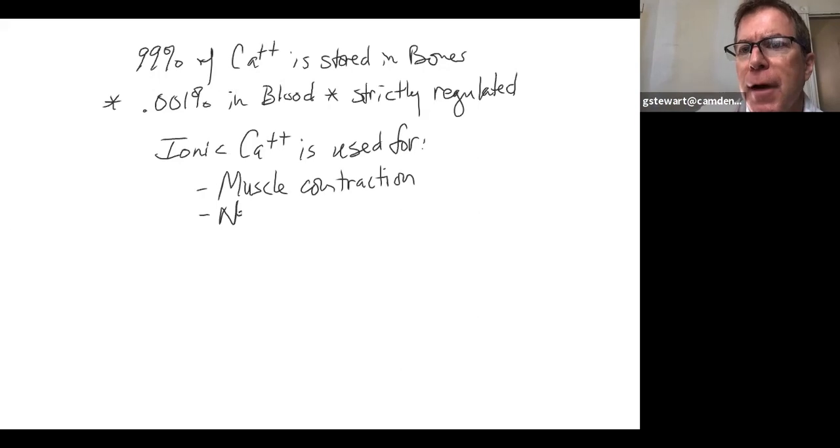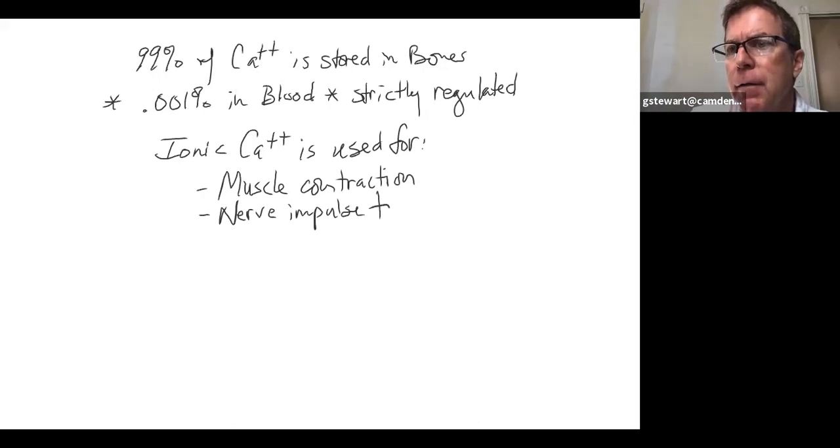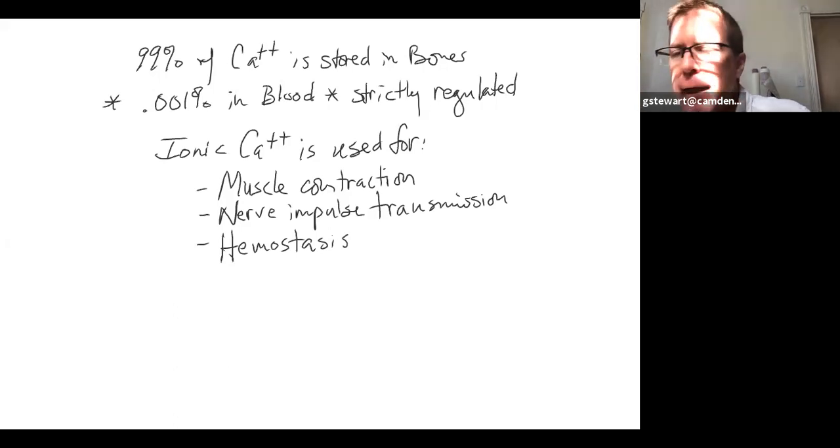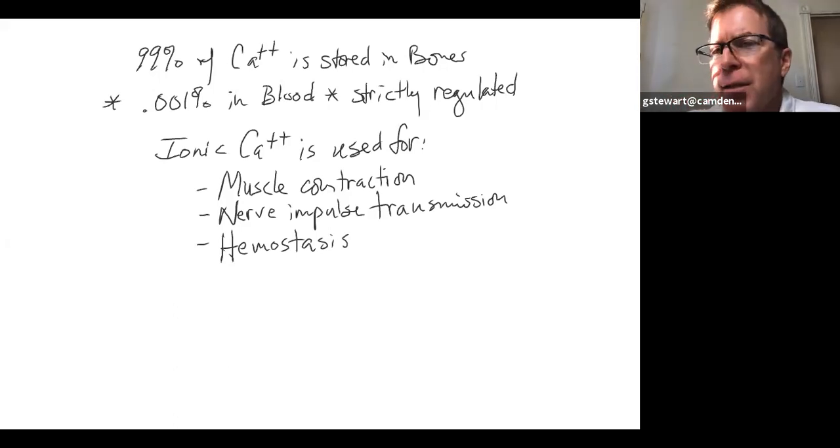Nerve impulse transmission. So every time a nerve cell fires an impulse, guess what? It has to have calcium in order to do that. Next, I'm writing hemostasis, which is the enzymatic process of blood clotting. Every time your blood clots, if you're bleeding, that process of clotting needs calcium in order to proceed.